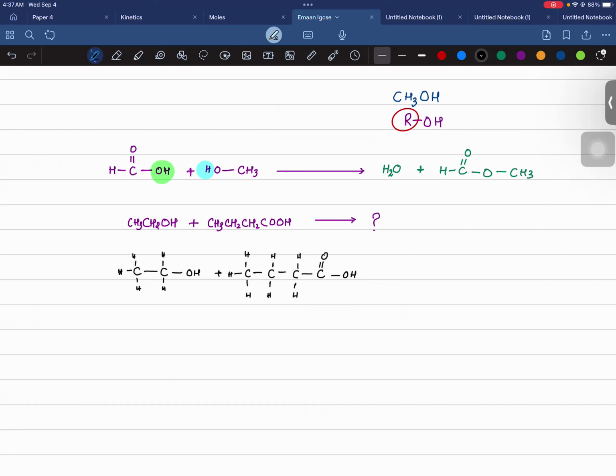I told you the carboxylic acid is going to give its OH, and the alcohol is going to give its H. So overall, the water would be released just like that.